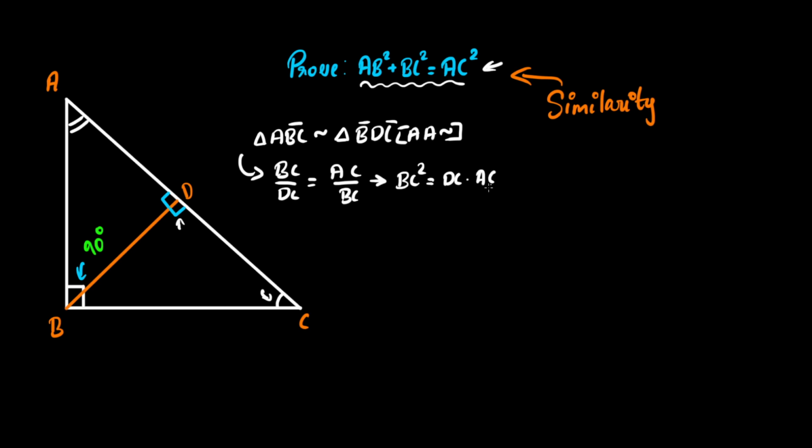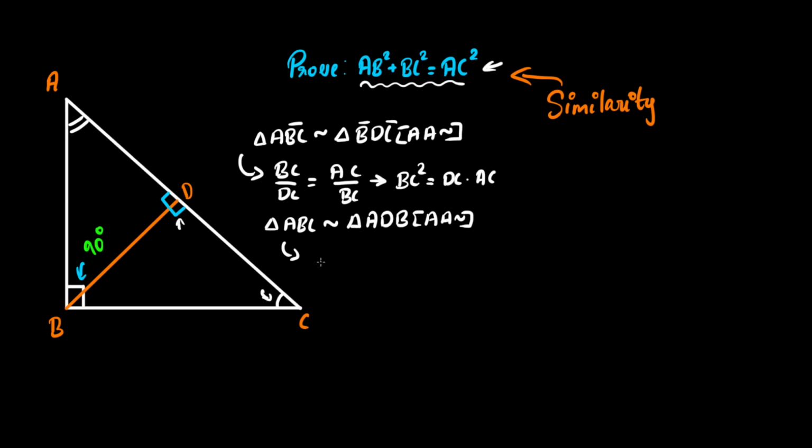Alright, that's cool. Similarly, just like what we did, we can also find that this triangle is similar to our triangle ABC. So let's quickly write that ABC is similar to triangle ADB, again by AA similarity.